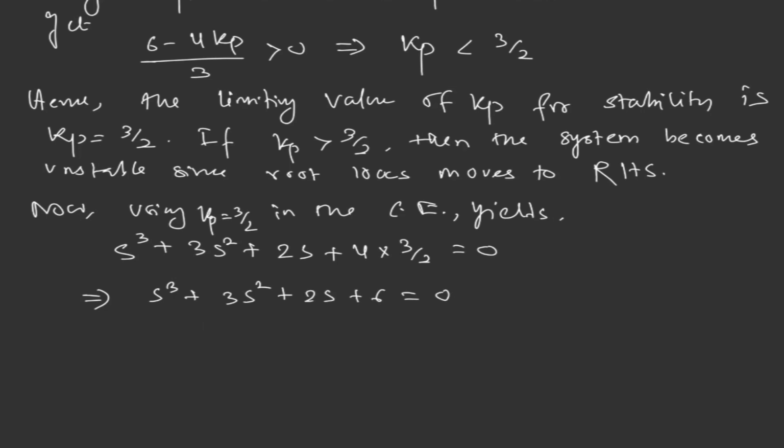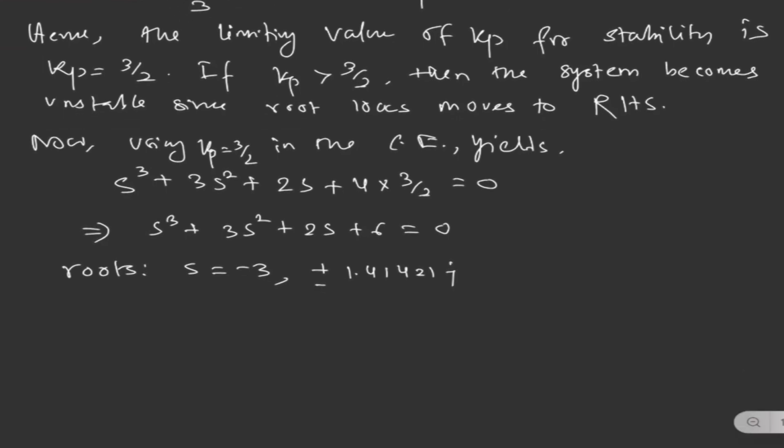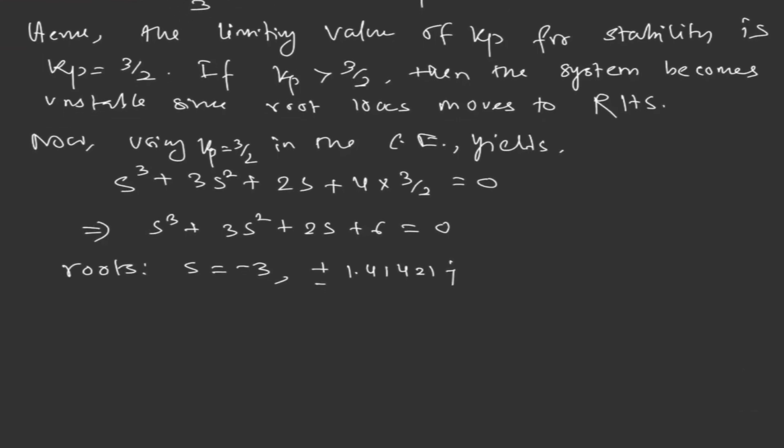And the roots of this expression are s equal to minus 3 and two complex conjugate roots, plus or minus 1.4121j. So these are the values of s at which kp equal to 3 by 2.